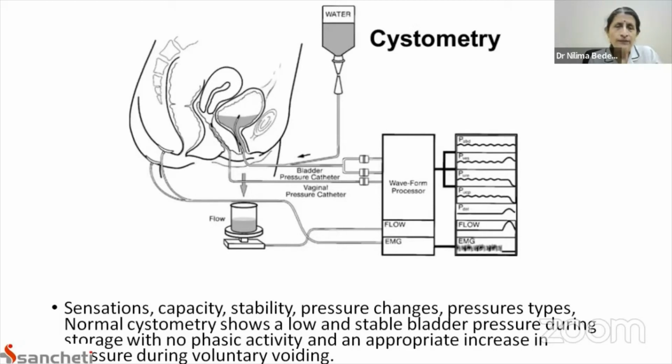So slowly when the water is filling into the bladder, the person is asked to say, do you feel that there is now fluid in the bladder? The person evacuates the bladder first before coming for the test.